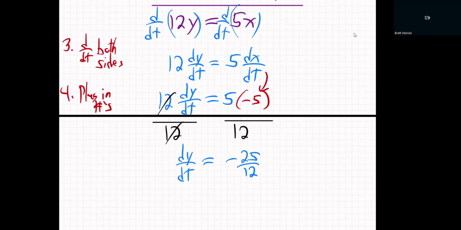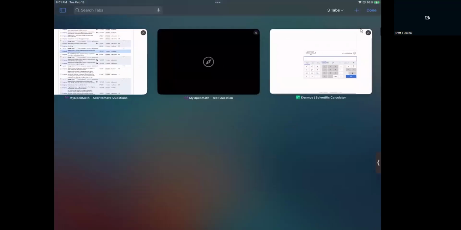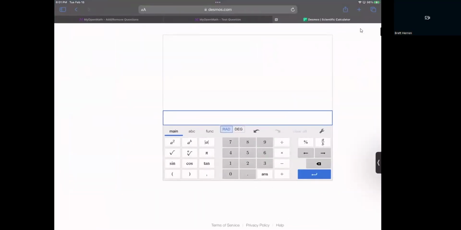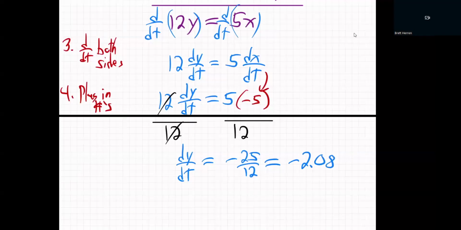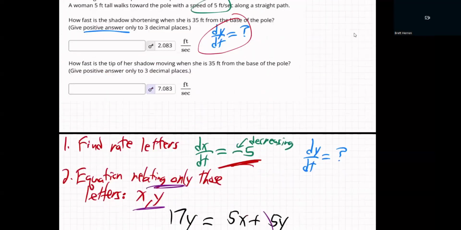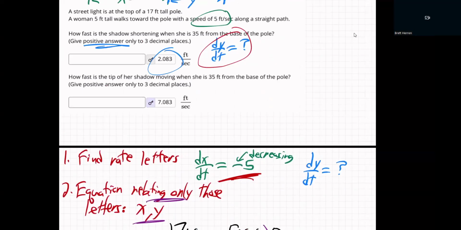And you can divide that in your calculator. Go to Desmos here. I could just leave it as a fraction, or minus 2.08333. Okay, is that what they got for the first answer? Yeah. Oh, they wanted positive. So 2.083. Good. We got that.